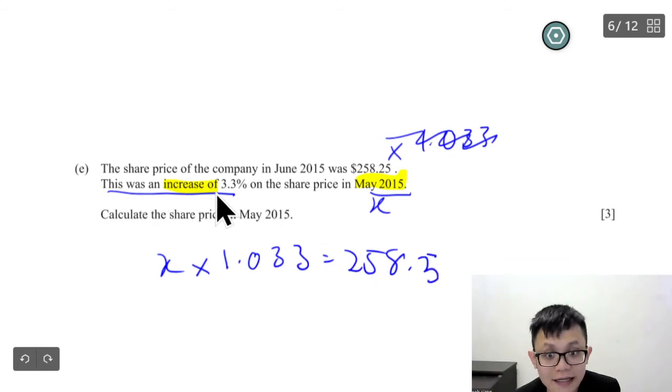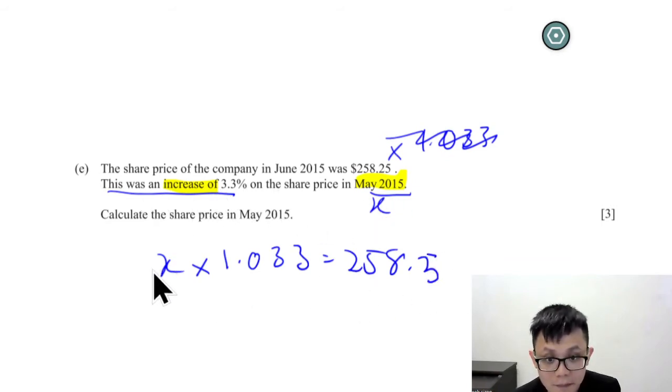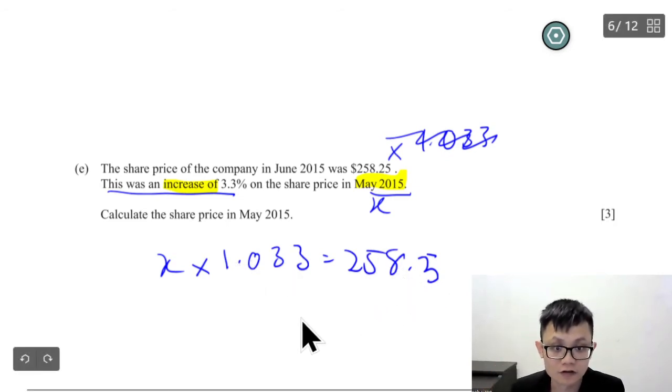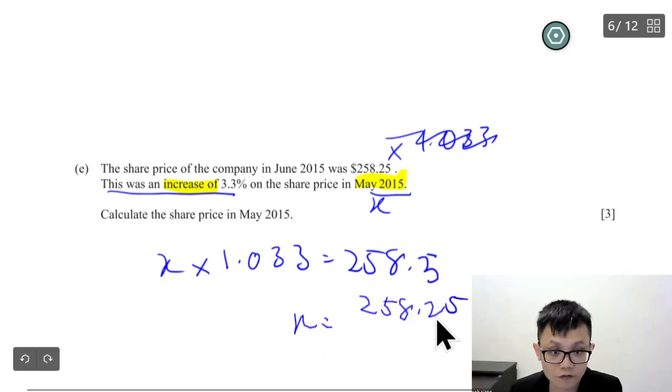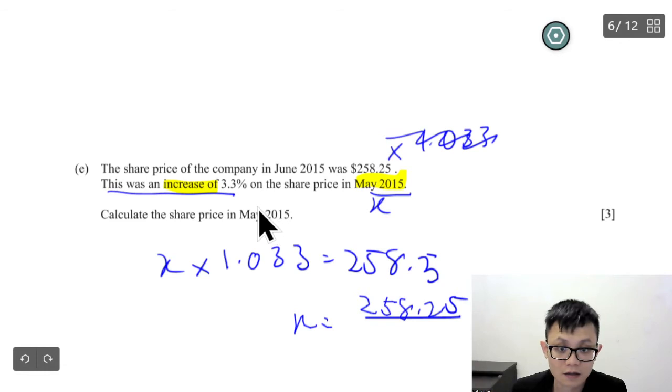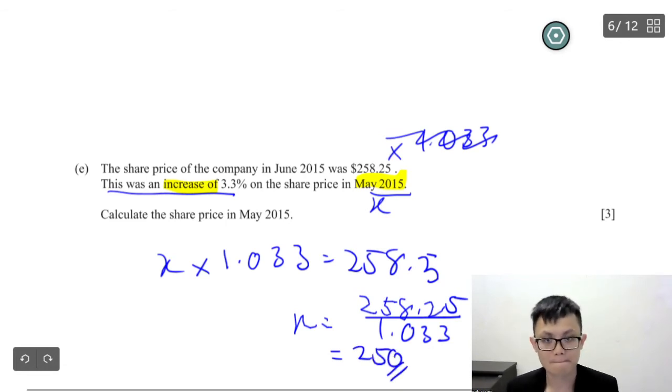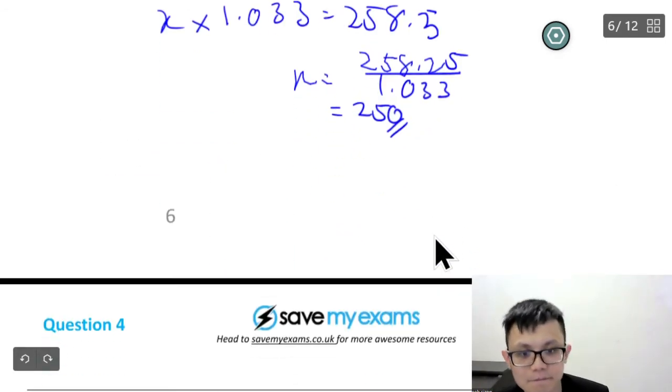Because this was an increase of the May. So May times 3.3%, I will get 258.25. So X equals to 258.25 over 1.033, and you will get 250. Can, very easy.